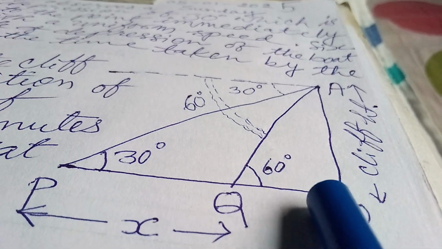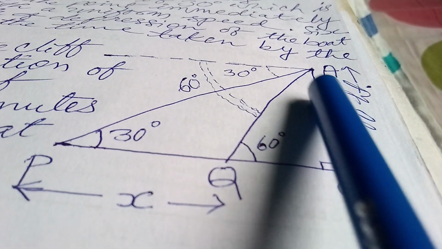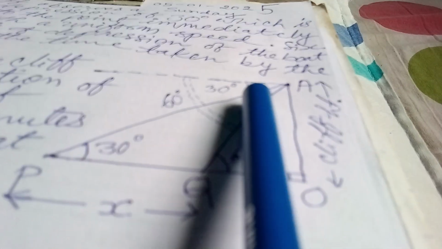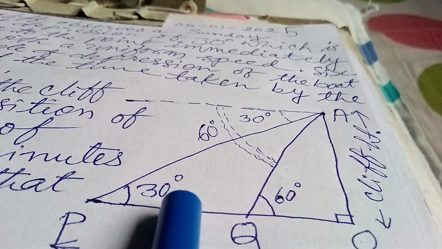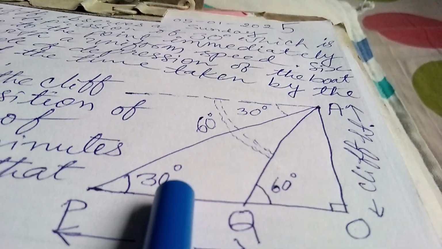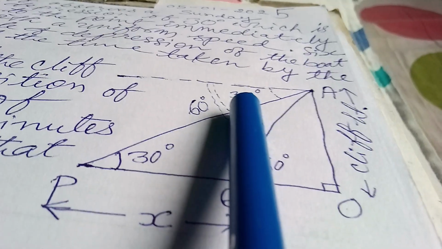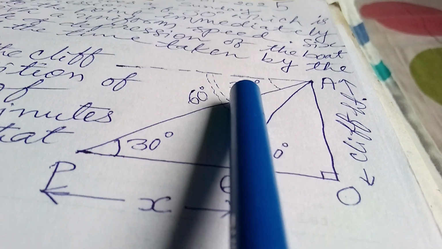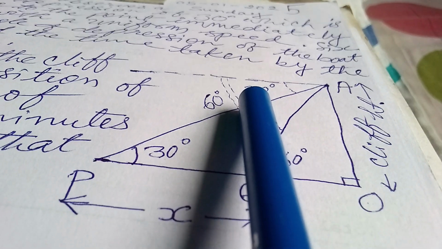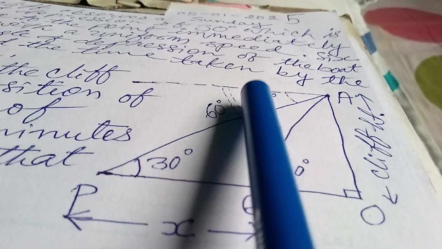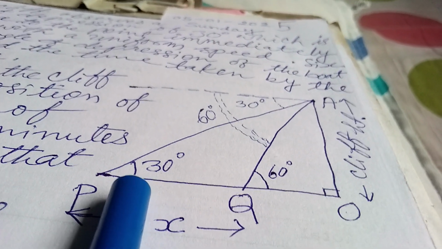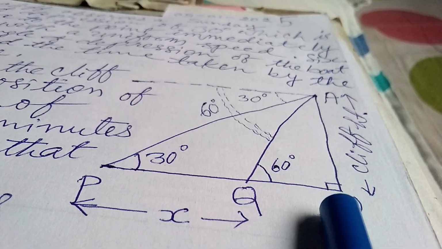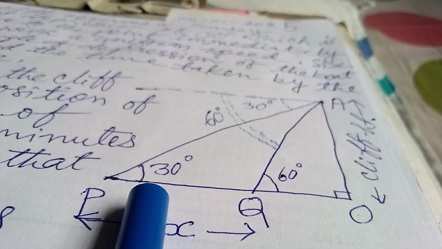Okay, the angle of depression, you know that angle of depression is always equal to angle of elevation. So this 30 degree angle of depression is above, and the angle of elevation is on the horizontal below.